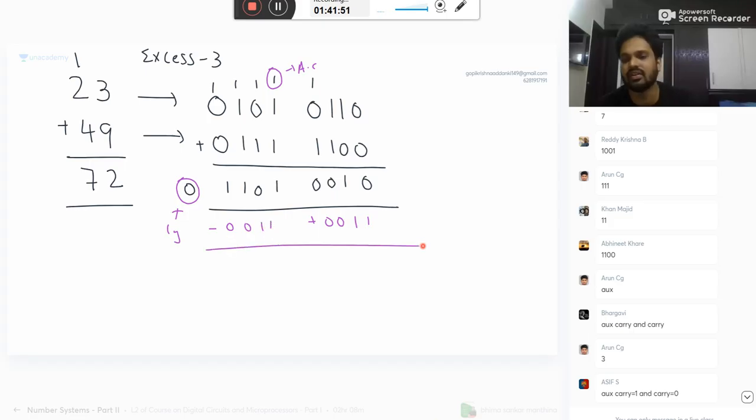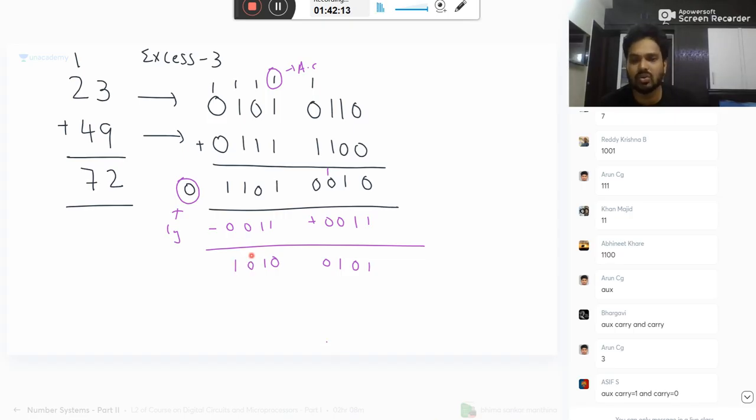The rules are different. So 1 plus 1, sum 0, carry 1, giving 10. Next, subtract 3 from this. 1 minus 1 is 0. Take the borrow, it becomes 2, 2 minus 1 is 1.